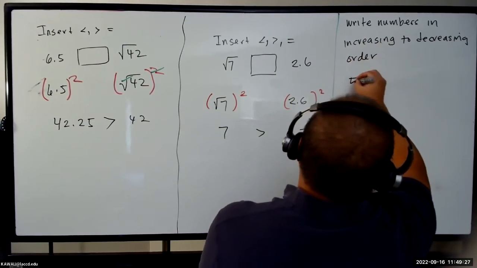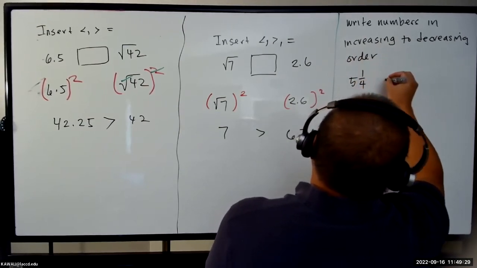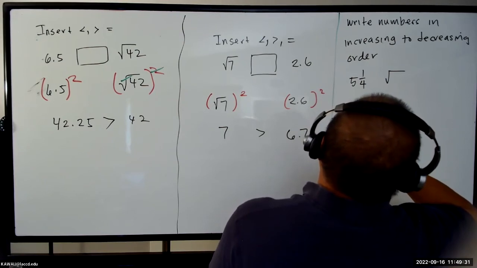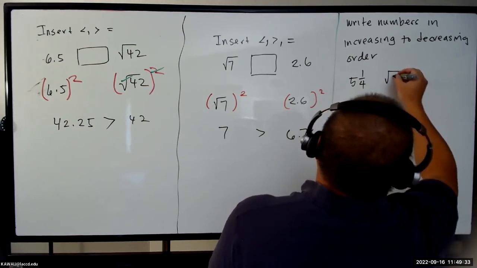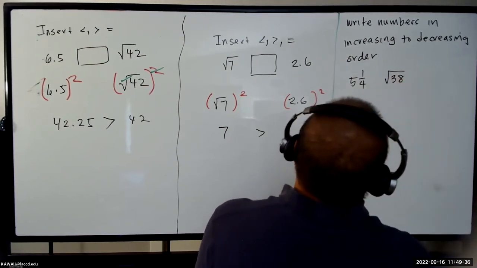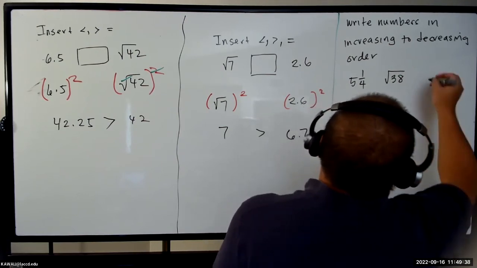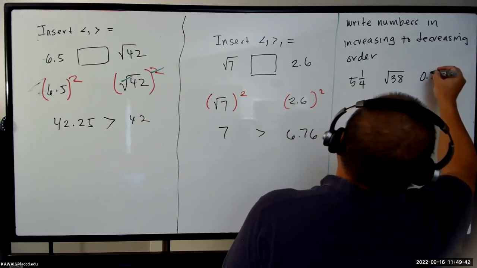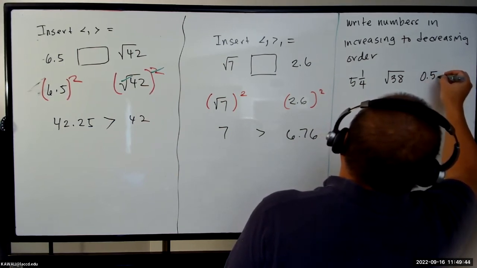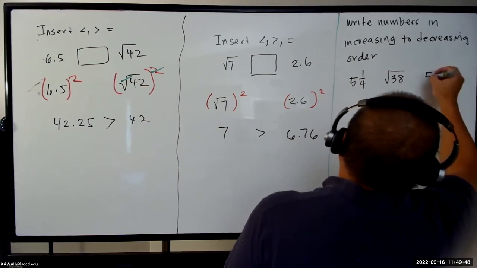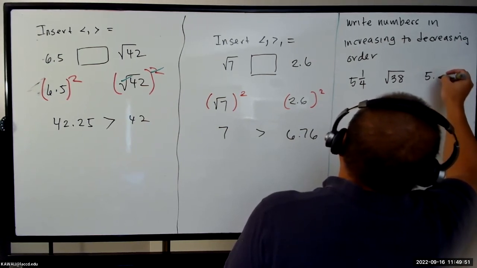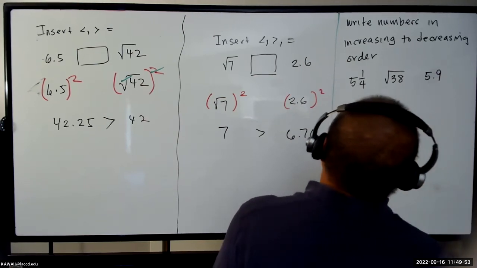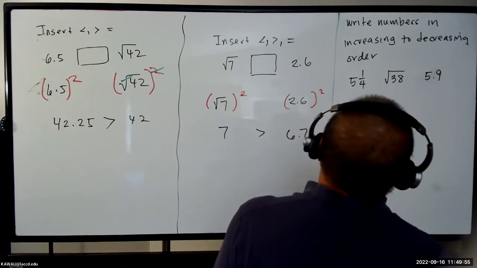Okay, so let's go 5 1/4. Let's go square root of 38, and let's go 5.9.